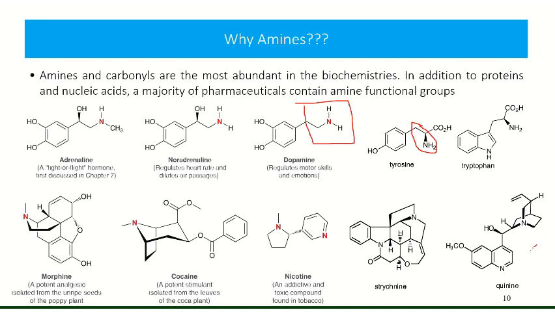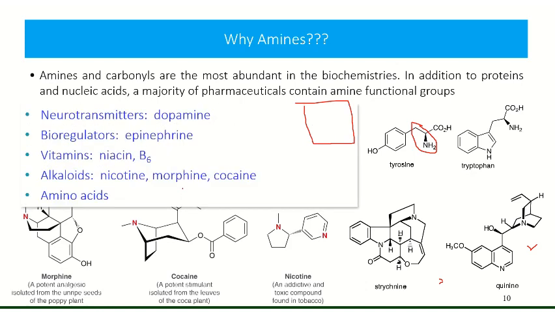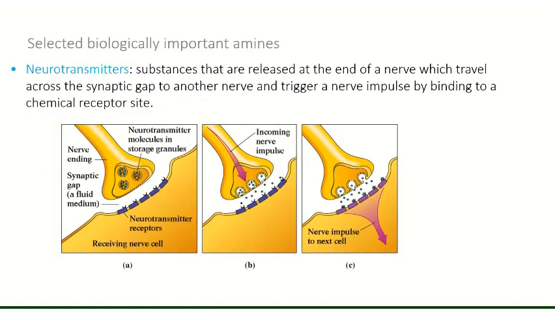Quinine, which is very useful. Strychnine, very useful. All of these species are quite useful in certain circumstances, but of course some of them are open to abuse. Amines are included in neurotransmitters, bioregulators, vitamins, alkaloids, amino acids, you name it, there are amines present.